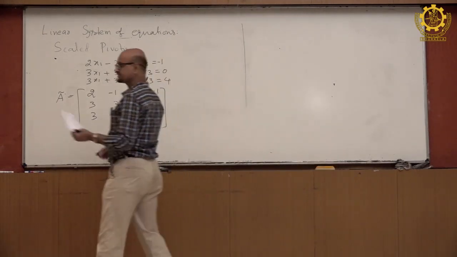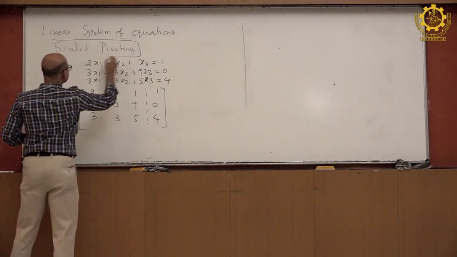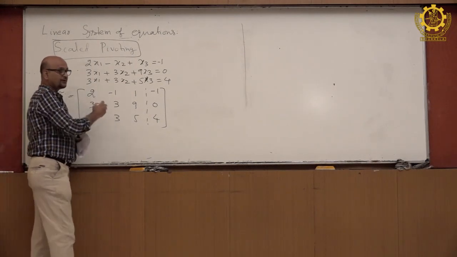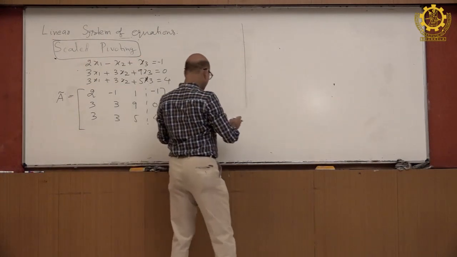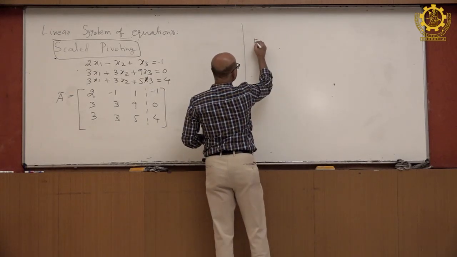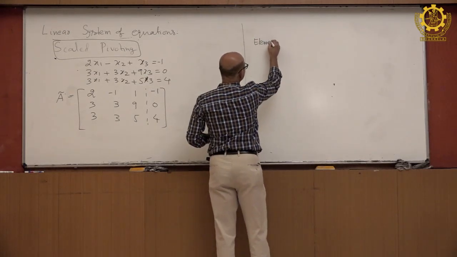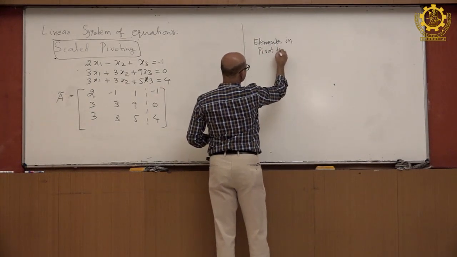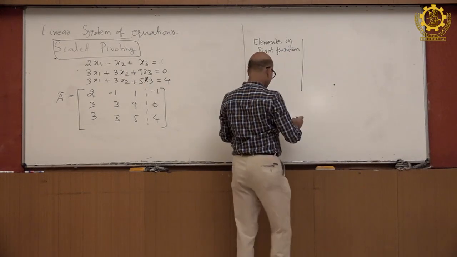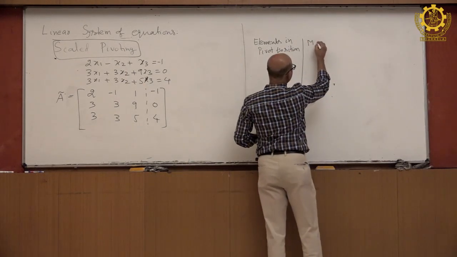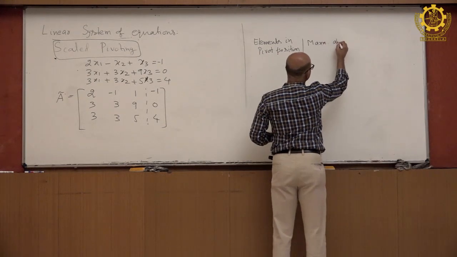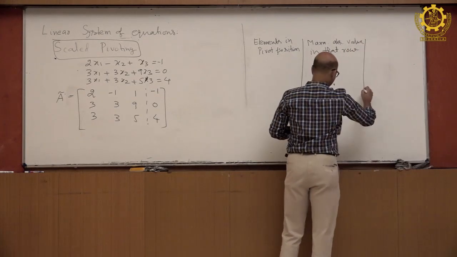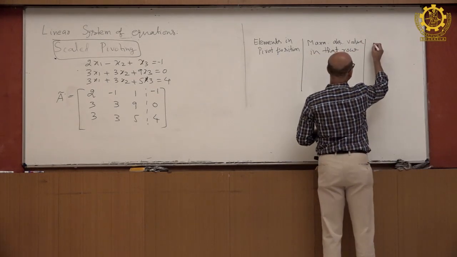So, here as per scaled pivoting, the technique is I have to first take all the pivot elements. So, I will make one table: elements in pivot position, maximum absolute value in that row, and scaled element in pivot position.